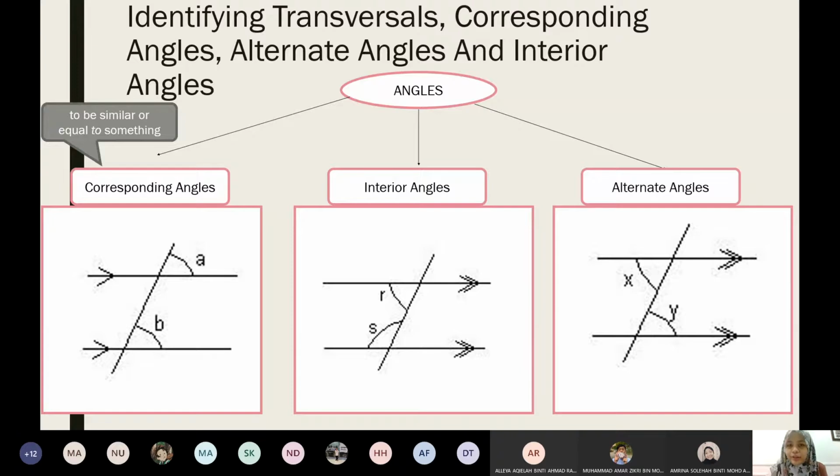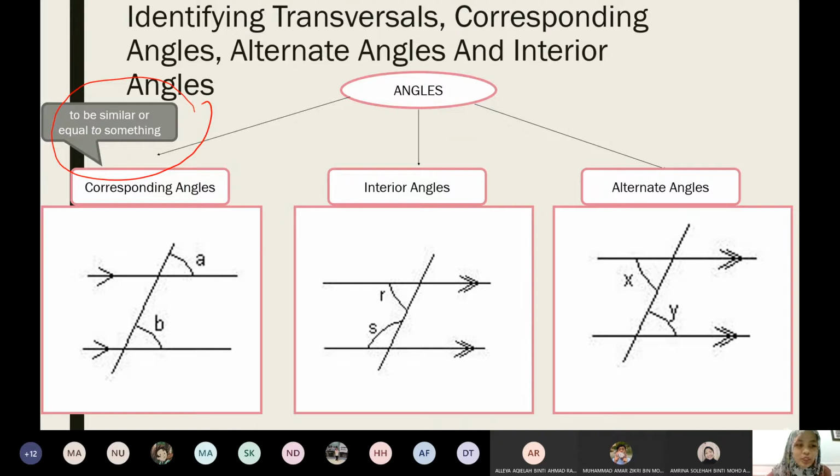Okay, so corresponding angles, interior angles and alternate angles. Especially the corresponding angles, corresponding may be something new to you. So make sure the spelling is correct. Corresponding. Okay. So kalau kita tengok kat sini, saya ada tulis kat sini what is the meaning of corresponding.